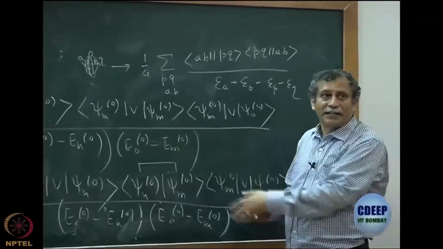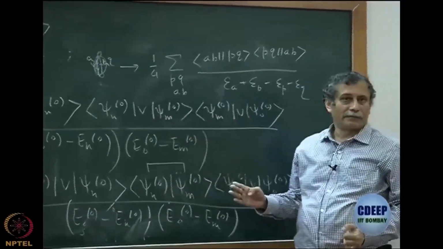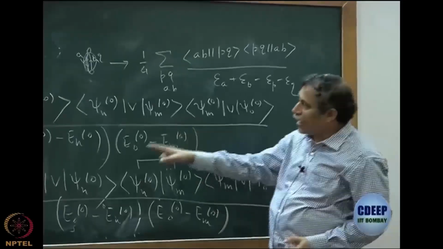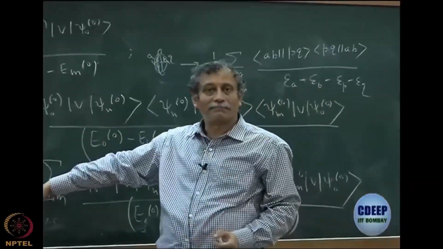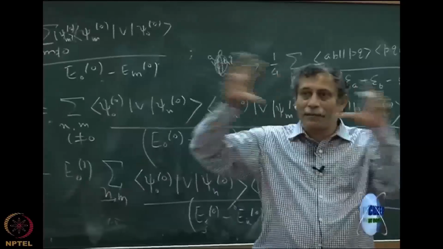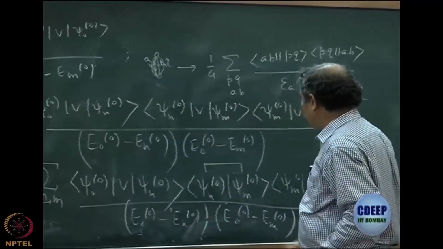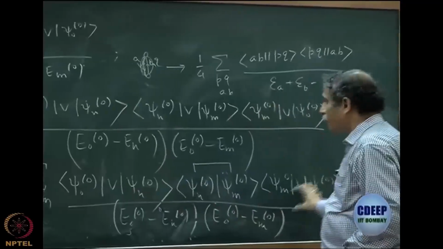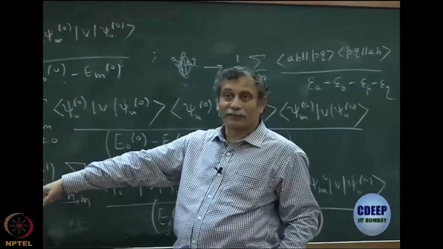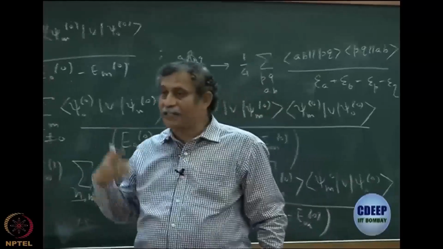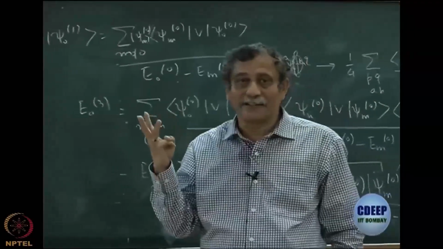It is very easy to write. Take out the V from here. Instead of that, an E naught 1 has come. So if you look at the dimension, it is the same. You have 3 V here, 1, 2, 3, third order. Here you have 1 V and 2 V, but the third is this E naught 1. So if you look at dimension in terms of perturbation order, it is still 3.